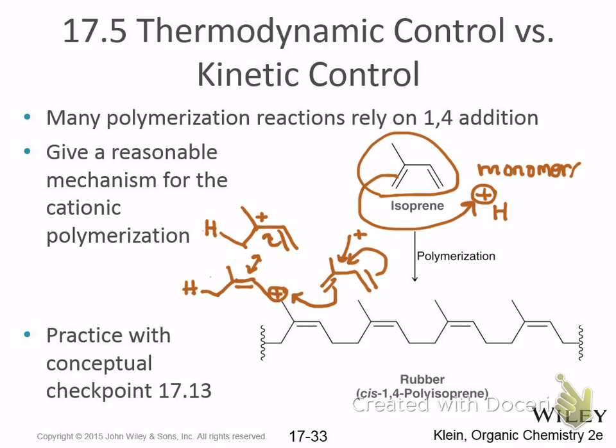And then that carbocation attacks the next isoprene unit, right? And if it's done under conditions where you can get a thermodynamic product, then this is the product that you'll end up getting. That is, this will be connected to, let's see, did I do that right? Yeah. This carbon will be connected to here. That's the same as this one here, right?